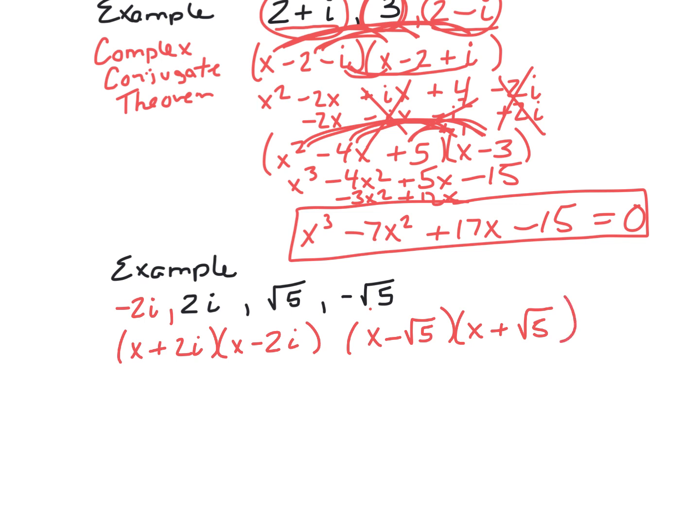And then I'm going to multiply these together, so I'm going to get x squared. I'd have a negative 2ix and a positive 2ix. I'd have a negative 4i squared, which remember is the same as a positive 4. Those i terms, kind of a common theme here, will cancel. So those two give me basically x squared plus 4.